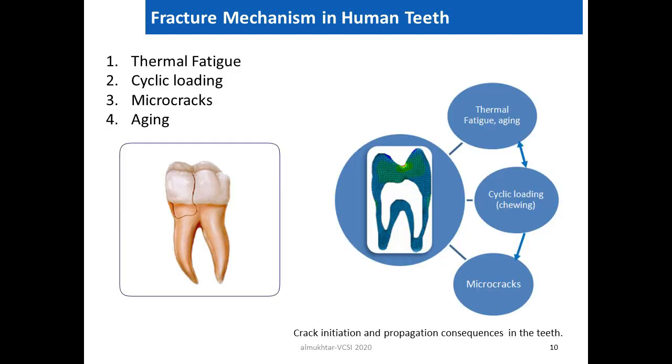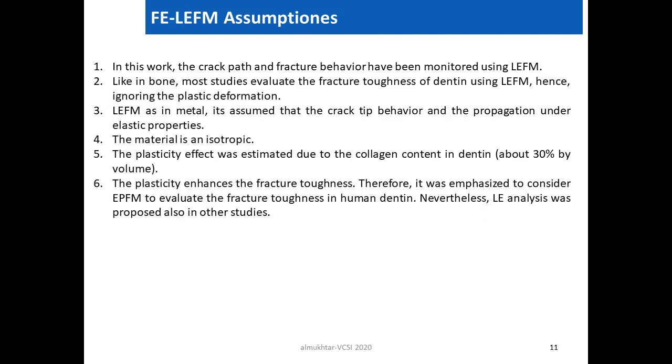We can now summarize the main factors causing the fracture in human teeth, such as thermal fatigue, cyclic loading, the presence of microcracks, and aging, as shown in these two figures. As mentioned before, the linear elastic fracture mechanics approach, based on some assumptions, was used in this work.